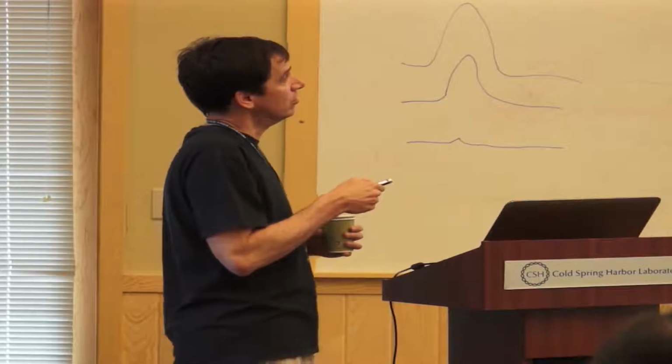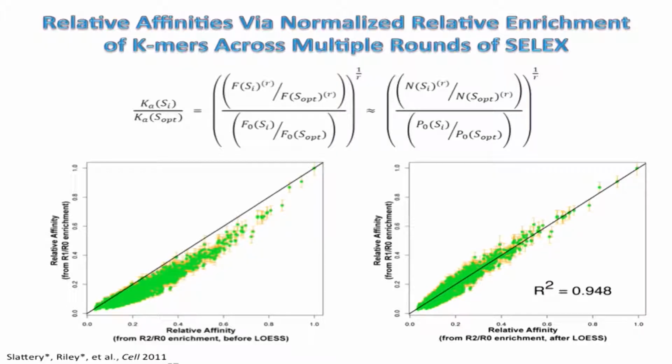And now, we don't actually know exactly what these frequencies are, but what we hope is that our sampling of this big pool, when we get the sequences, is big enough so that the relative counts of these different k-mers are proportional to the relative frequencies.